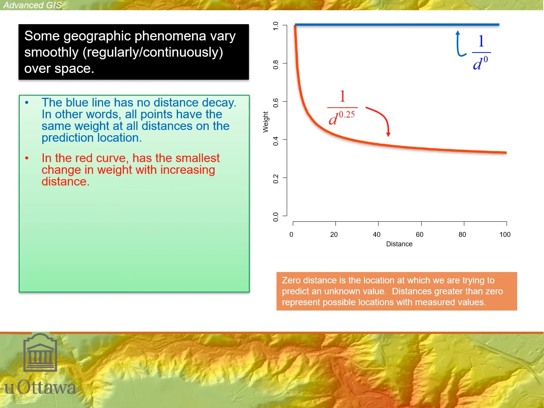Here we have an inverse distance weighting that is between 0 and 1 for the exponent of distance in the denominator. And here you can see that, at, let's say, 20 units, you'd have a weight of approximately 0.4. So the sample value, when predicting a location 20 meters away, would have 0.4 times the sample value in terms of its influence.